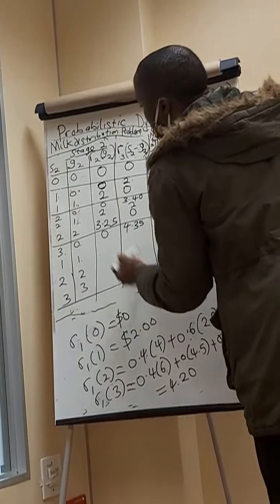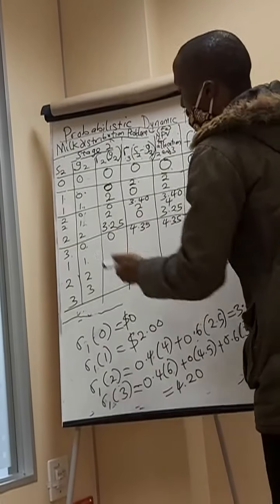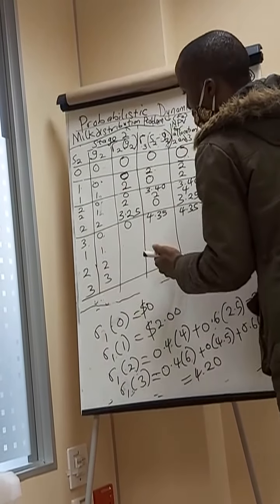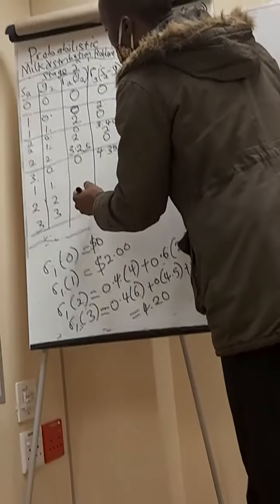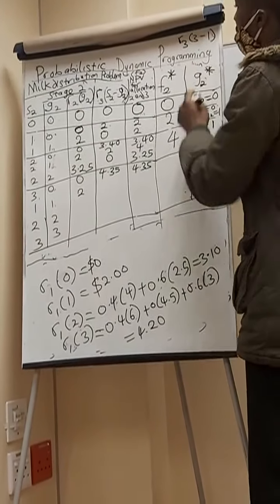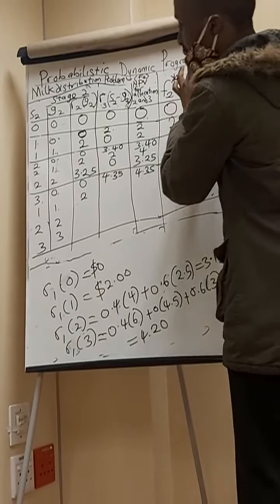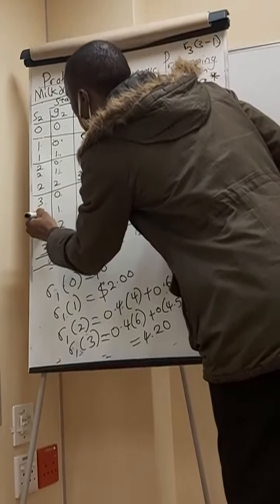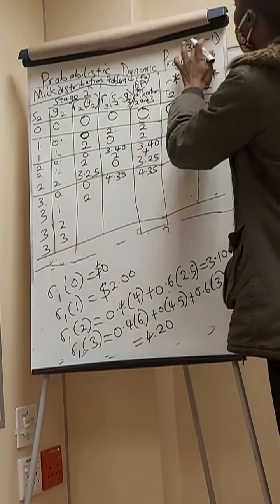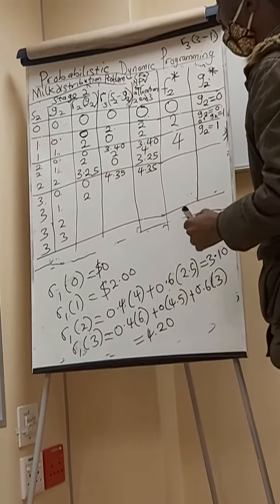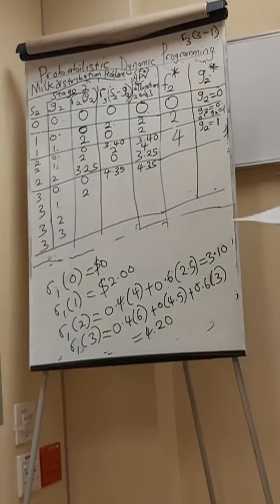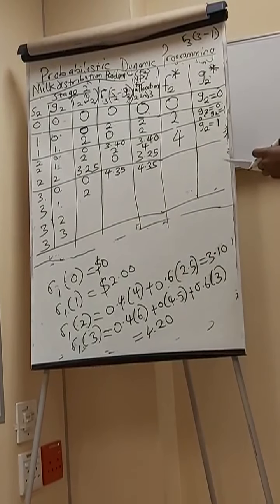If you allocate 1 here, and 3 is available, for allocating 1 to store 2, that is R2 of 1, which is 2. Then R3 of 3 minus 1, which is R3 of 2.